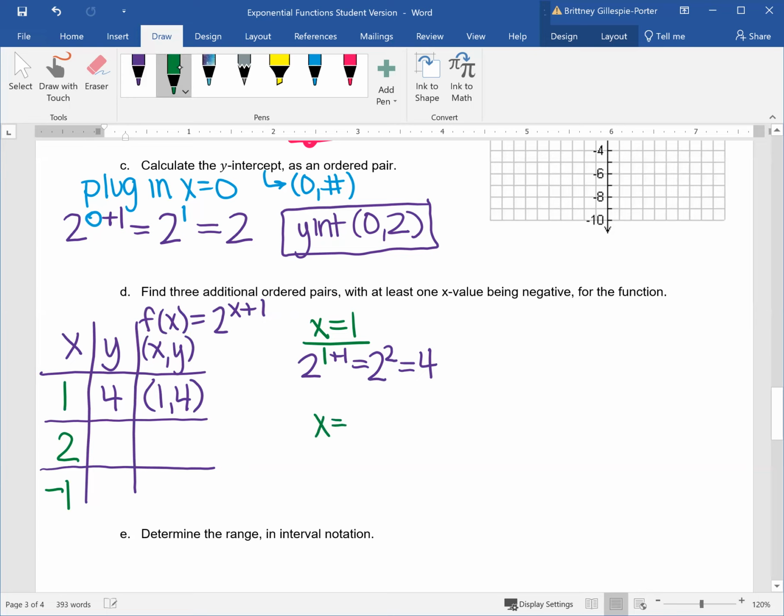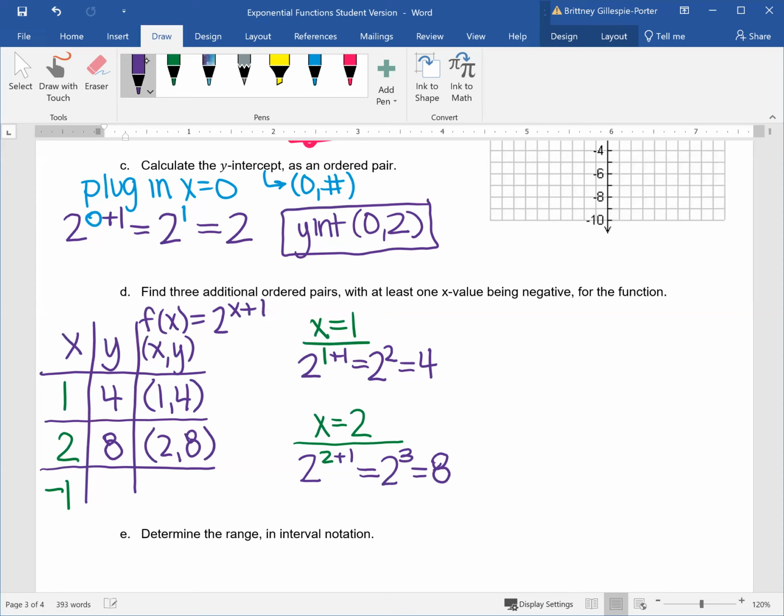For x equal to 2, we would have 2 to the 2 plus 1, plugging the 2 in for the x, which is 2 cubed. Remember that 2 cubed is not 2 times 3. It's 2 times 2 times 2, which gets us 8. So we just found the ordered pair, 2, 8.